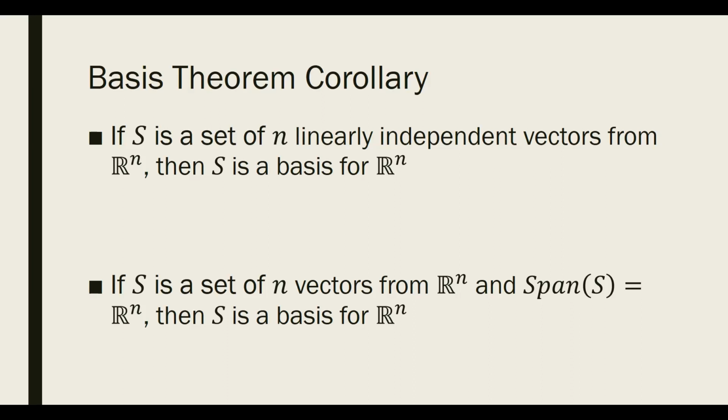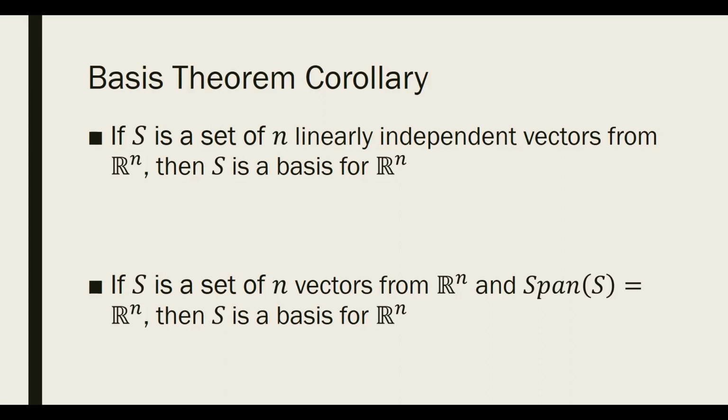Or if I have a set S of n vectors from Rn, and the span of the set is Rn, then S is a basis for Rn. That's what I was explaining with my example from R3.